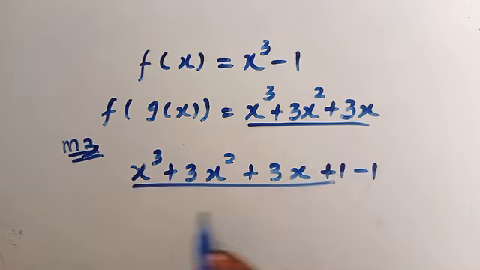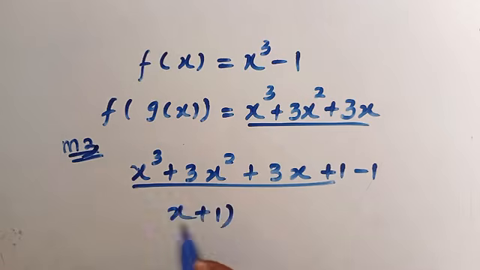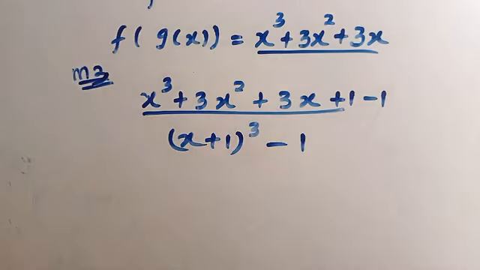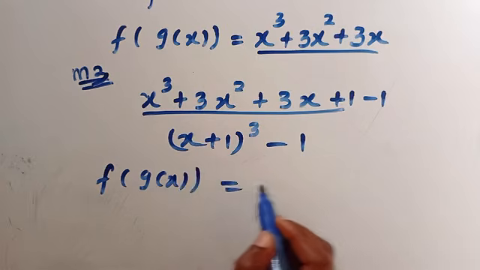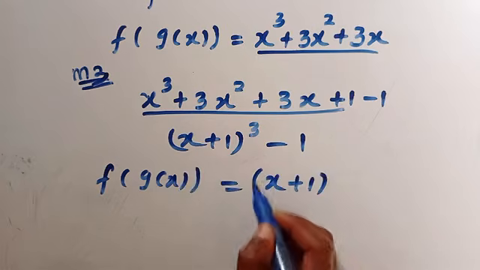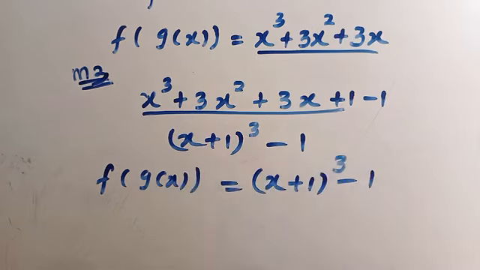So the whole of this becomes x plus 1 raised to power of 3, then minus 1. So we can just let the whole of f of g of x equal x plus 1 raised to power 3 minus 1. This is still the same thing.